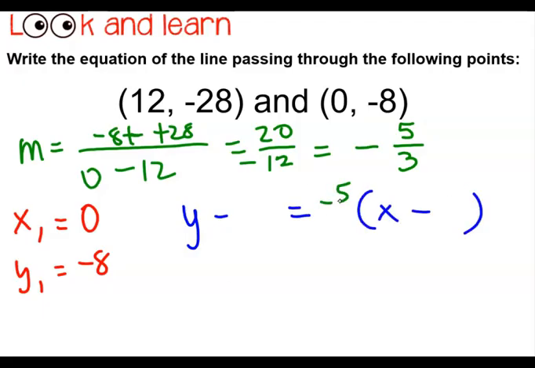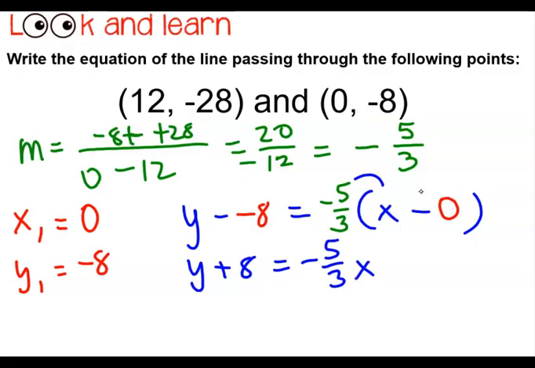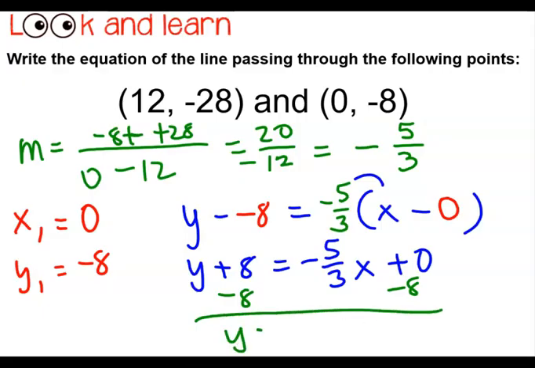The slope is -5/3. The x value is 0. The y value is -8. Anytime you have two negatives in a row, you simplify it to a single positive. Distribute to remove the parentheses, and isolate y. The equation of the line that passes through those 2 points is y equals -5/3 x minus 8.